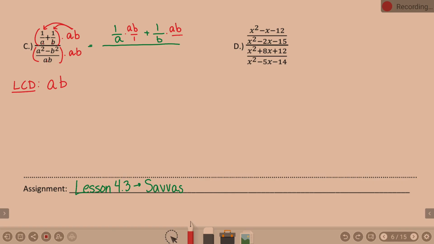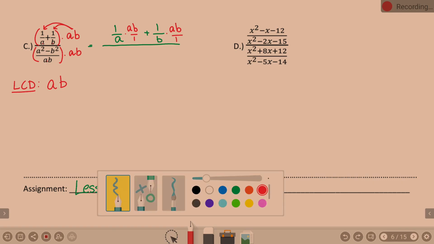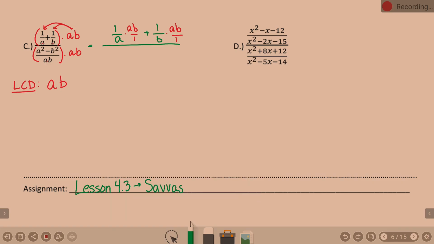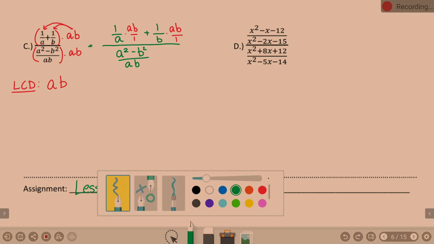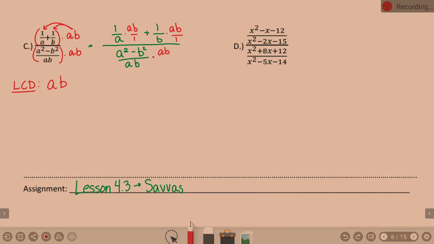Second one, or denominator, we have one fraction here. I can't split this fraction up. It's A squared minus B squared over AB. So that one fraction is getting multiplied by AB, which is AB over 1. Okay.